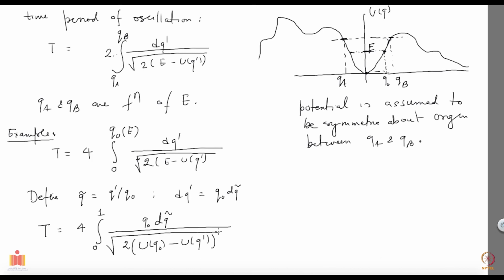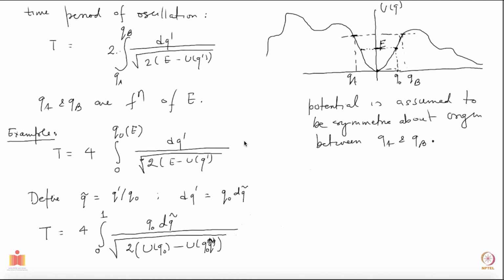Okay, no, I should not write a Q prime, I should write Q0 Q tilde. Not looking very nice, so I'll clean it up. Q0 Q tilde, and this is in the square root. All looks good here.